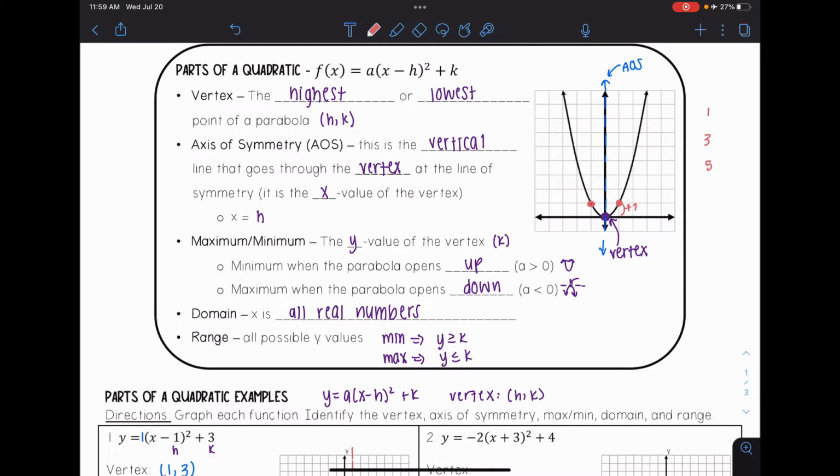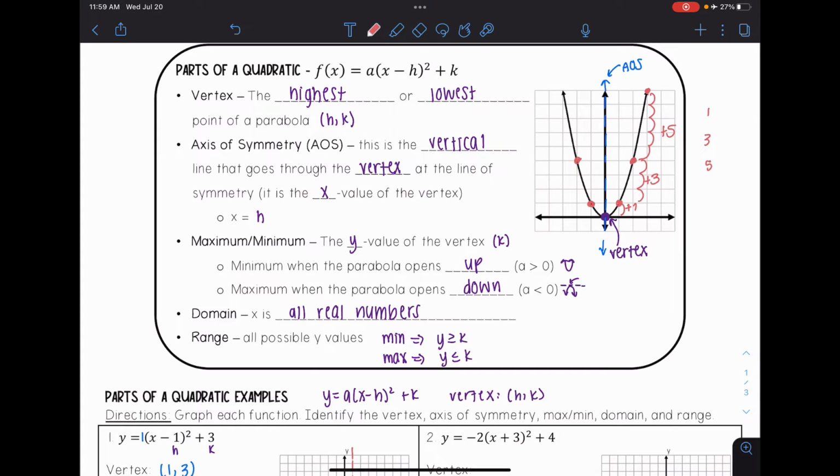To get to my next point, I go up 3, so 1, 2, 3, and over 1. And then to get to my next point from there, I go up 1, 2, 3, 4, 5.